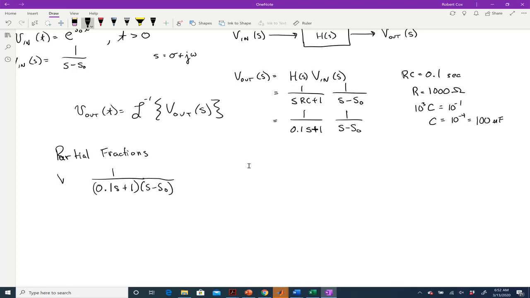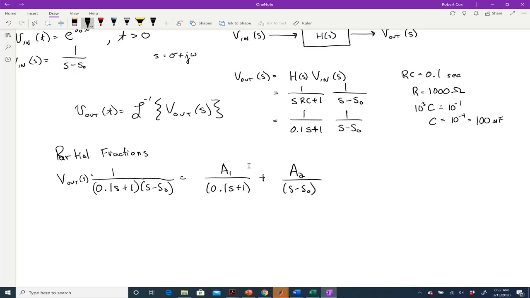Okay. And just remind ourselves that that is V out of S, the transform of the output. That can somehow be made equal to A1 over 0.1 S plus 1 plus A2 over S minus S naught.